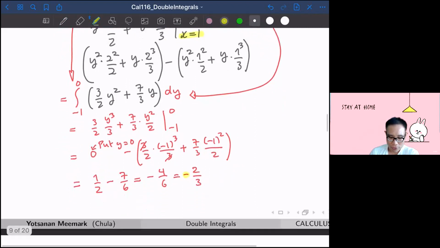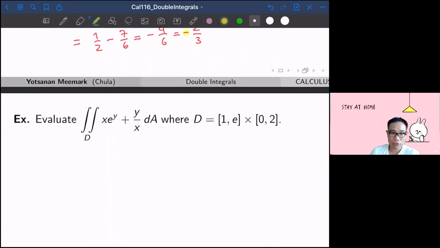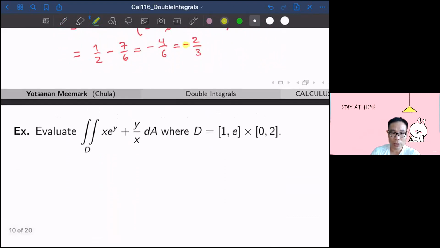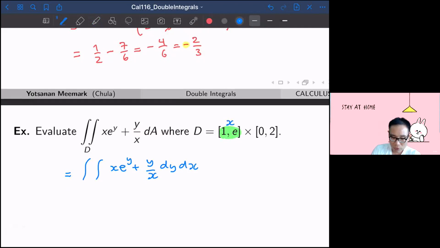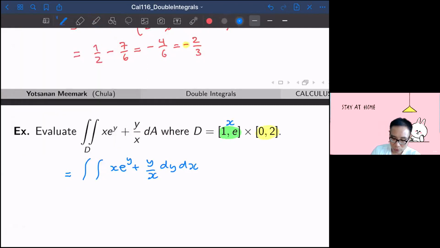Okay, so for the last one, you have the double integral of x e to the y plus y over x dA. So I will use dy dx for this question for you. If I write this one as the integral of x e to the y plus y over x dy dx, you see that you have x between 1 to e and y between 0 to 2.